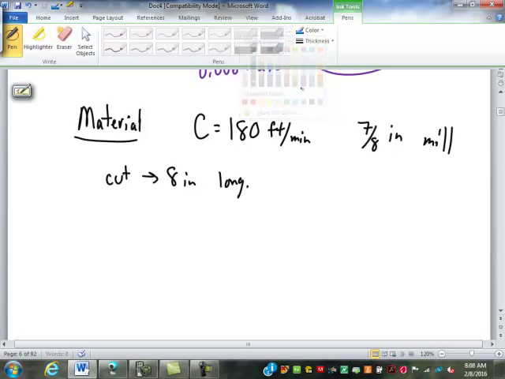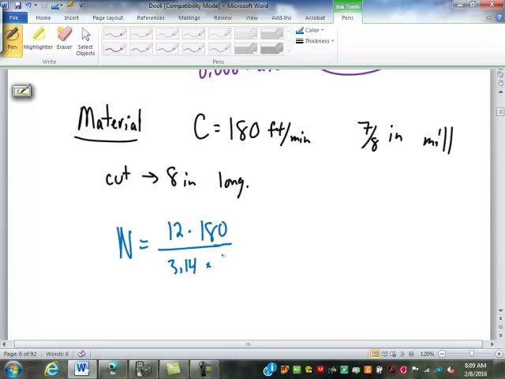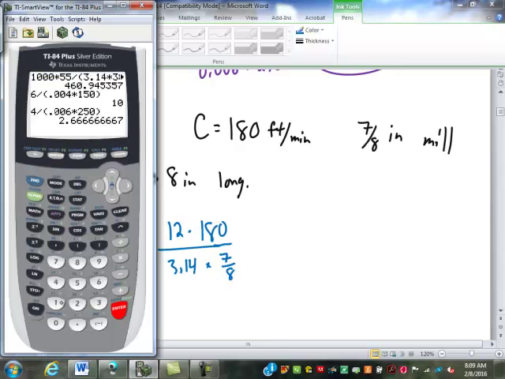Where do we start here? Finding the RPM. Very good. So what do we do? 12 times 180 feet per minute, 12 times our cutting speed over pi times our diameter, 3.14 times 7/8.